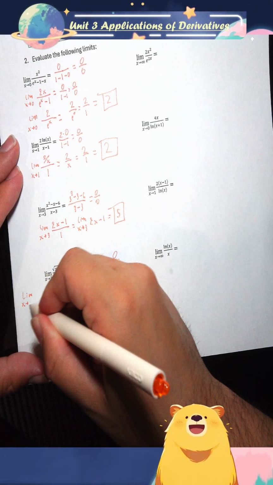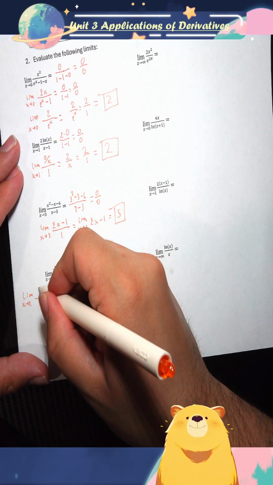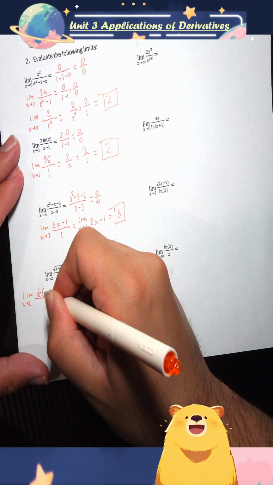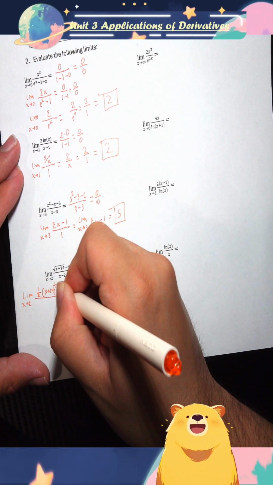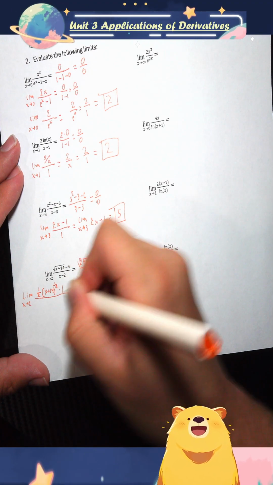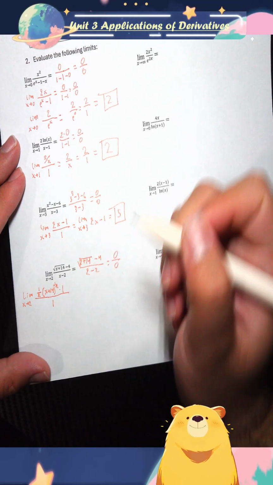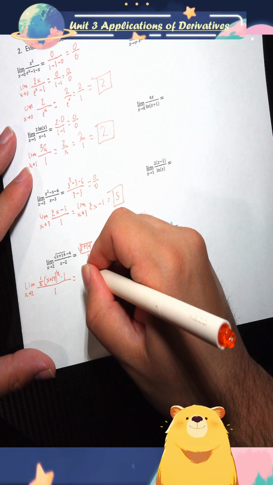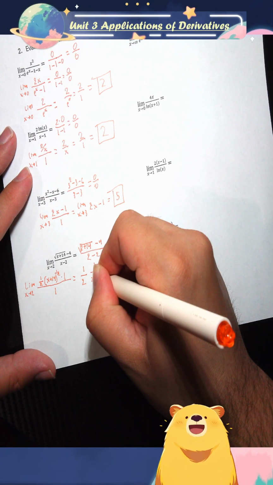Limit as x goes to 2 of the top derivative, which is 1 over 2 times x plus 14 to the negative 1 over 2, and then times the derivative inside that, which is 1. And then that's going to be plus 0, and the bottom is 1. So this just needs to get fixed up to be 1 over 2 times 1 over the square root of x plus 14.